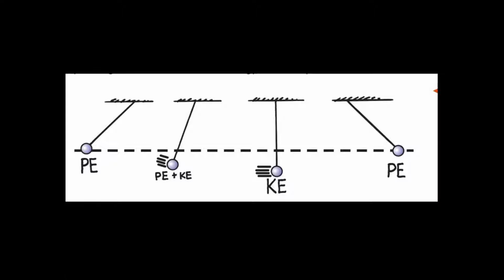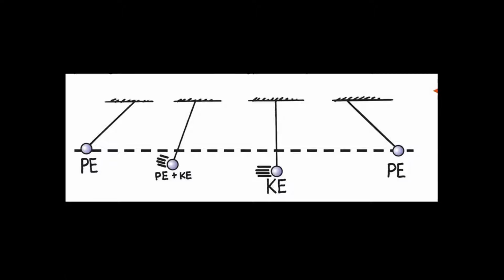Now, here's an example of a pendulum. When it reaches the left picture, its maximum height, it's all potential energy. When you let it go, some of the potential energy is being converted to kinetic energy, but it's all going to equal that same original potential energy.